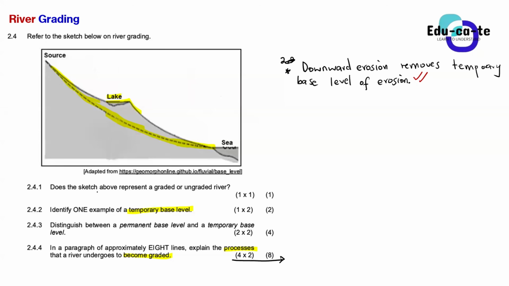Lateral erosion occurs. There's an increase in water. We use the term discharge. Okay, so a river discharge.